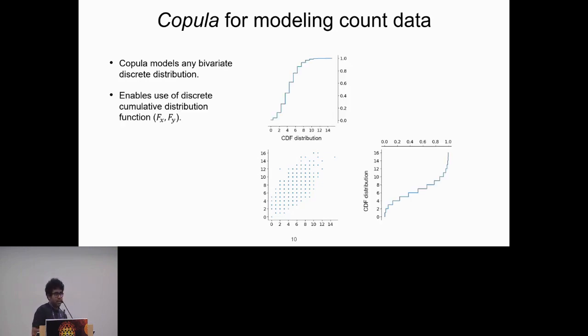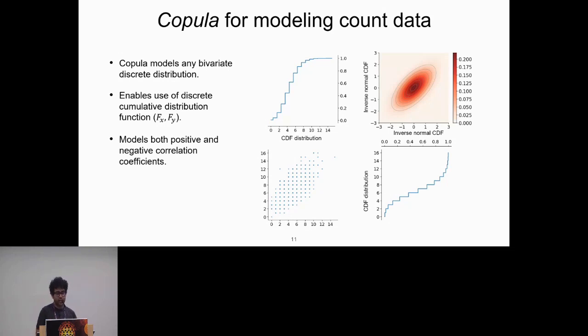And what happens is that you can take the cumulative distribution function for individual marginal distribution. So for example, if you have Poisson, you can take the CDF of Poisson distribution and convert them by distributional transformation, and then can apply inverse CDF of the coupling distribution that you want to capture.